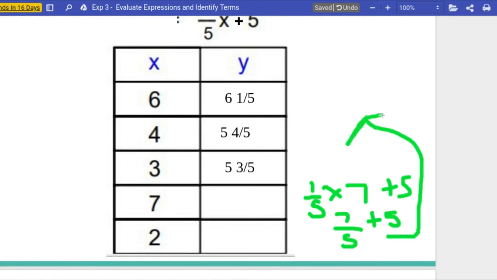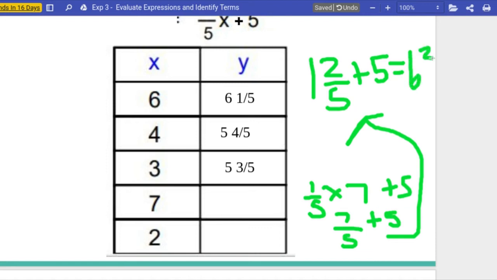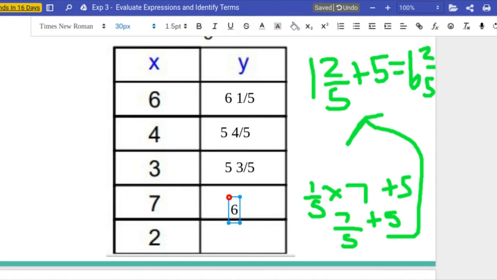Sorry, I have a little bit more space up there. I can change that 7/5 into a mixed number. So I have 1 and 2/5 plus the 5. And then that's easy to add because I can just add my whole numbers and then my fractions. So I have 6 and 2/5. So when x equals 7, my expression equals 6 and 2/5.